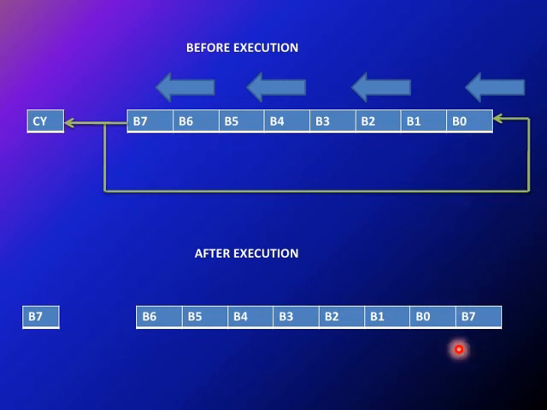So B7 bit comes to B0, B0 bit moves to B1, B1 to B2, B2 is going to move to B3, B3 to B4, B4 to B5, B5 to B6, B6 to B7, and B7 is going to move to carry as well as to the B0 bit position.